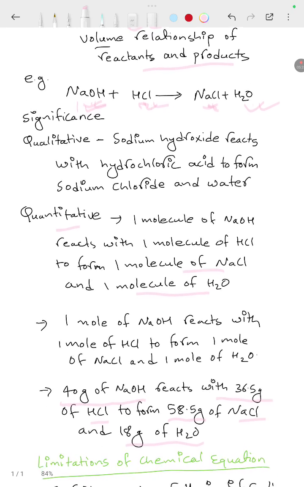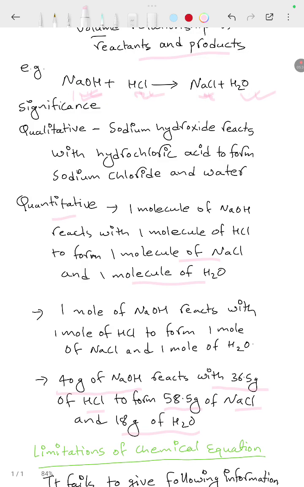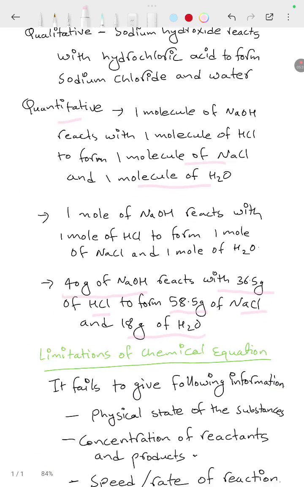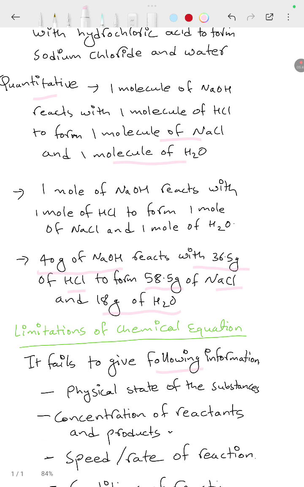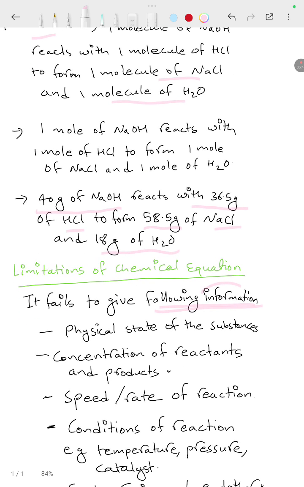Now we are going to discuss some limitations of a chemical equation. It fails to give the following information. First, it does not tell the physical state of substances: solid, liquid or gas. It does not tell the concentration of reactants, whether highly concentrated or diluted.